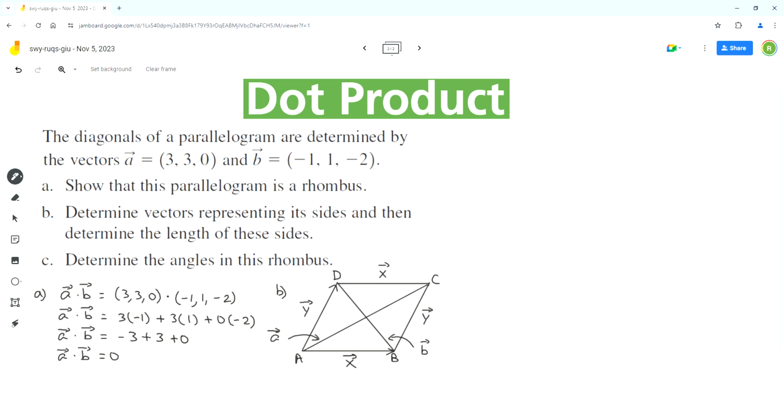For that, we'll use the concept of vector addition.